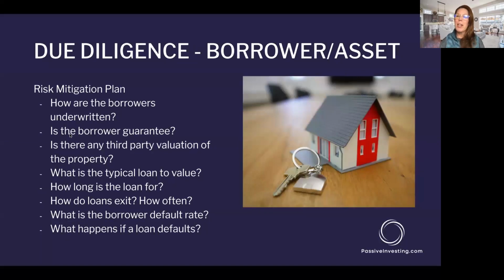And just because a borrower defaults and you have to take a property back, if you're underwriting a high quality property at a low loan to value, not that you want to take the property back, that's not the point, but if you did, it might actually make you more money.